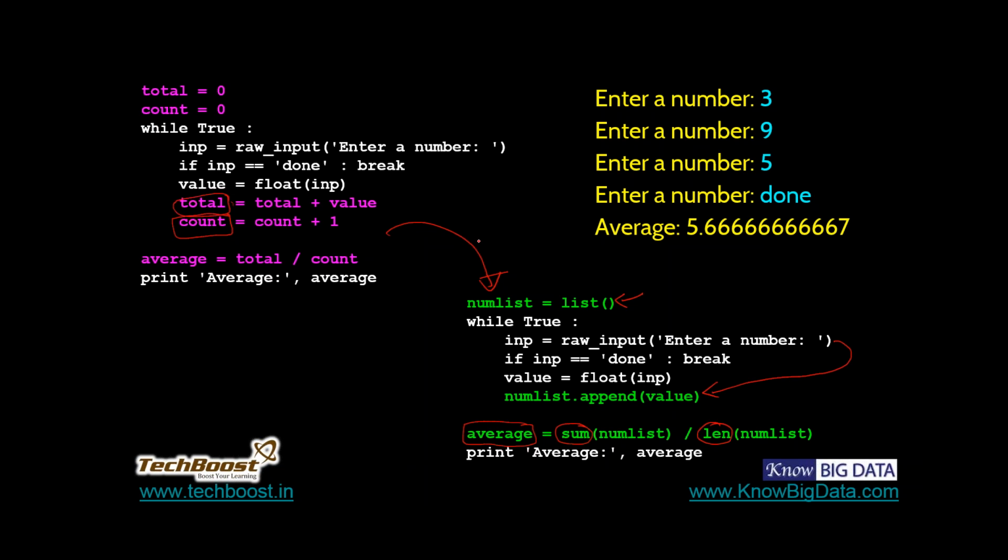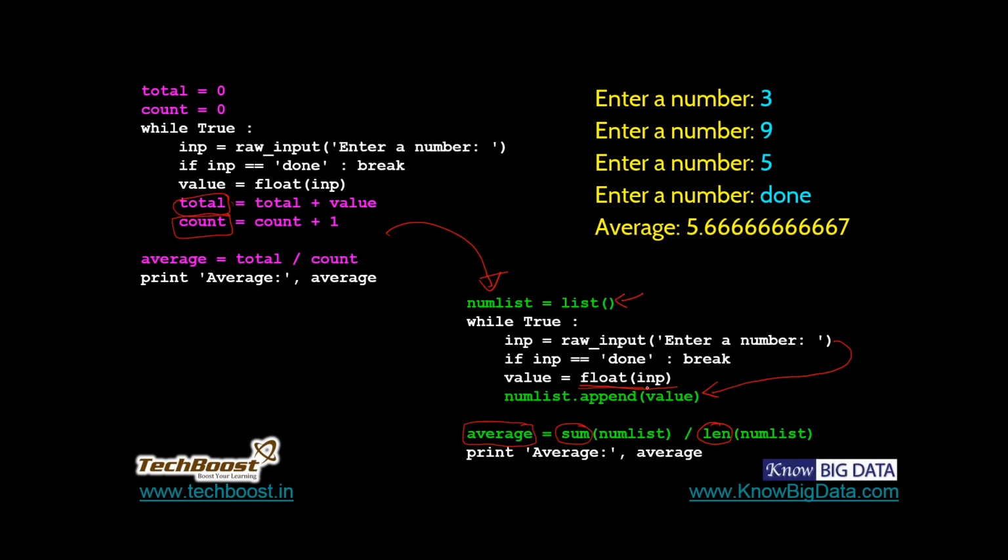At the end, using the built-in functions called sum and len, we can find the average. But should the average be an integer in this expression? Average can be a float, right? Yes, and that is why we have converted every number to float in this step.